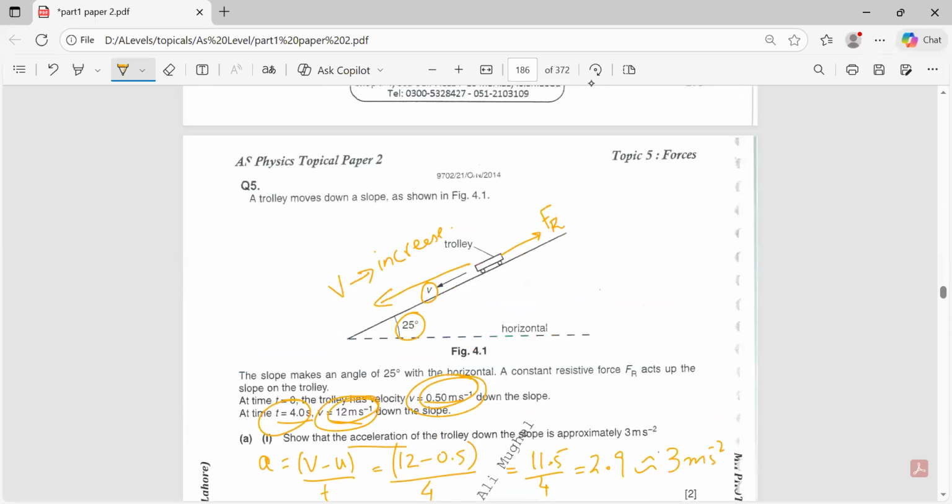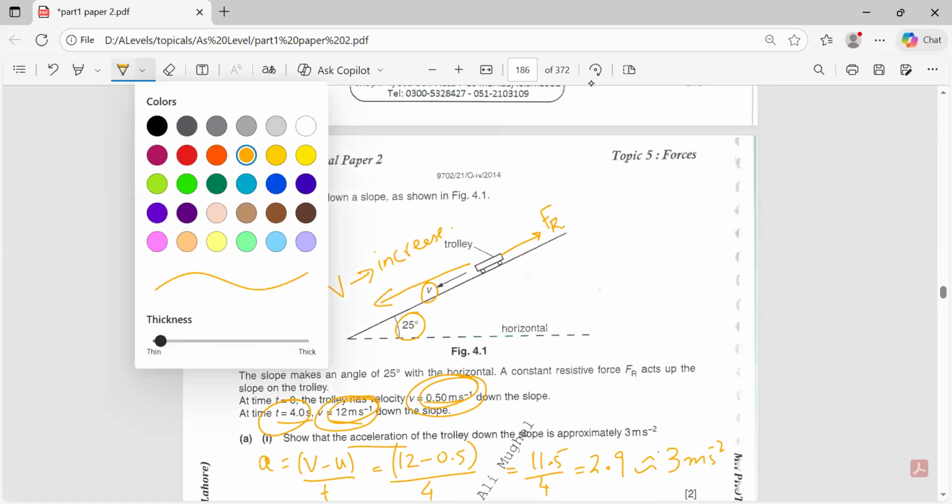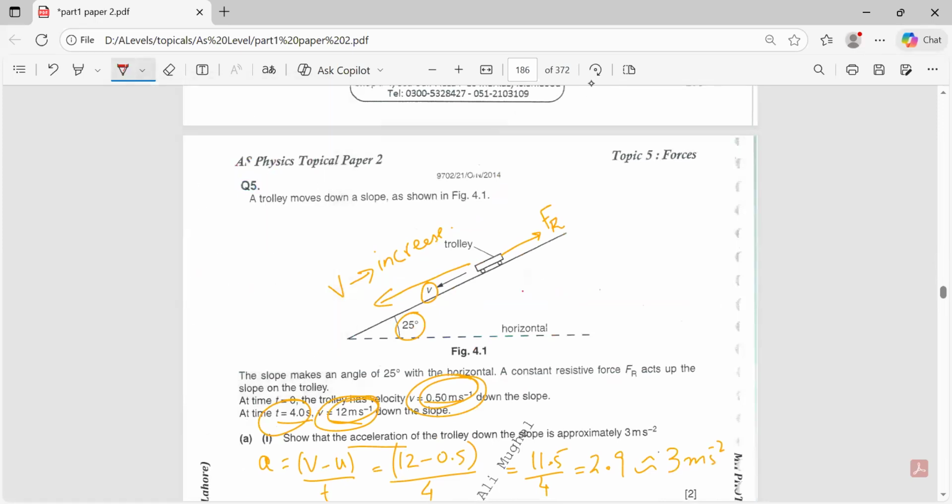So let's say this is the diagram with us. Let me change the color. Okay. So we know weight is acting in what direction? Weight is acting in a downward direction. And this is going to be one of the components and this is going to be the other component. This is 90 degrees and this one will be 25 degrees, right? So we want the component which is along the x-axis.